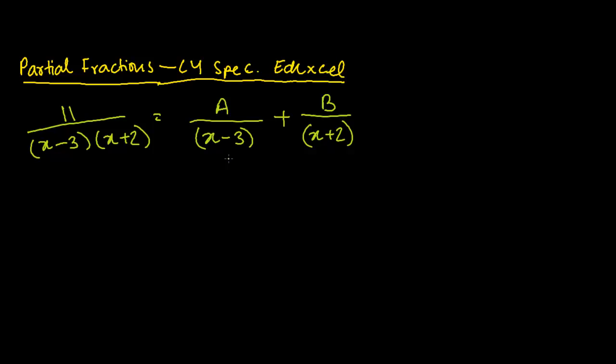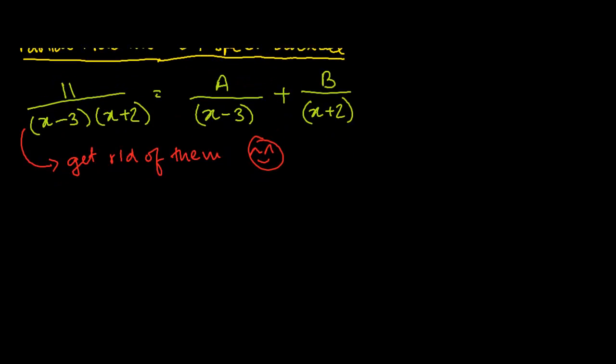the first thing we're going to have to do is get rid of these denominators, okay? We're going to have to get rid of them. So, how are we going to do that?